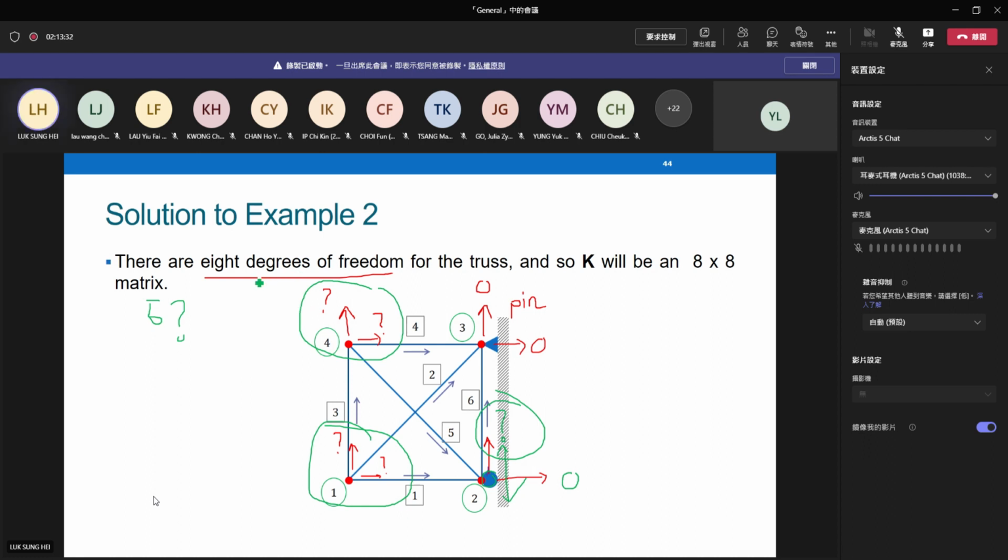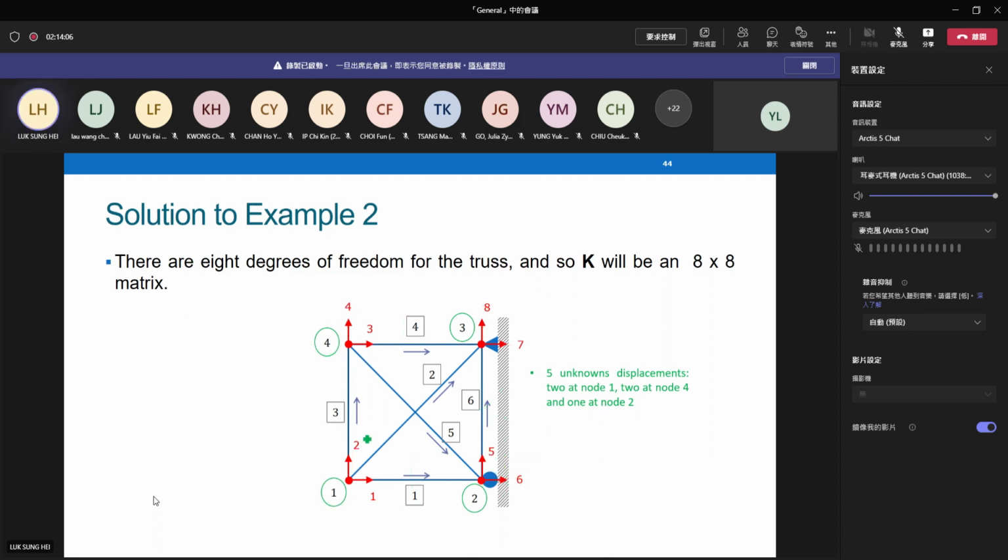So go back to the original problem. How to arrange the degrees of freedom numbers? 1, 2, 3, 4. We start from the positions with question marks. 5 unknown displacements to be solved. 2 at node 1, 2 at node 4, and 1 at node 2. Be careful about the one that is located at node 2. Vertical. So in this case, I start from node 1.